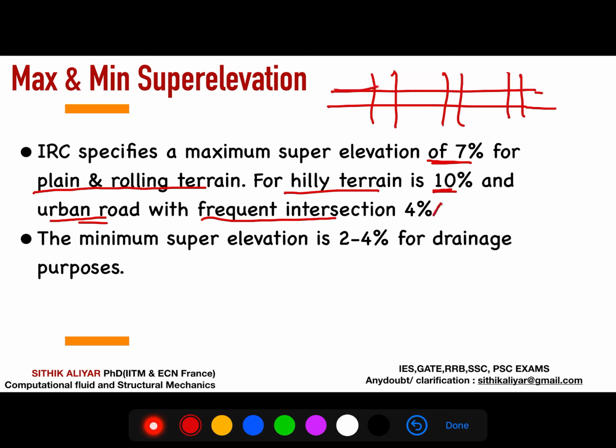So they are asking you to maintain only 4% for the frequent intersections. And in horizontal curves they are asking you to provide at least a minimum of 2 to 4% for drainage purposes. So they are asking at least a 2% rise in the outer road surface for drainage. Okay, so please note these values.